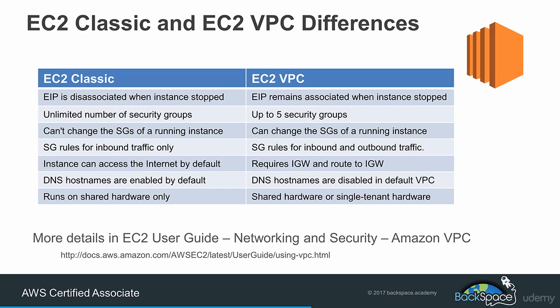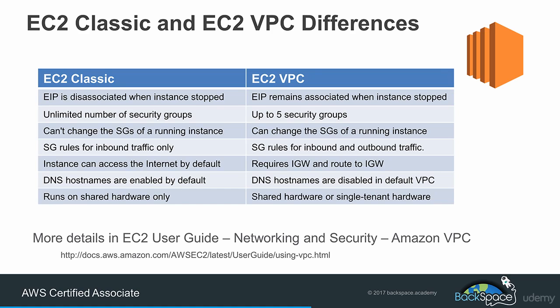You can have an unlimited number of security groups in Classic, whereas only 5 security groups in VPC. You cannot change the security group of a running instance with Classic, whereas you can with VPC. Security groups for Classic are for inbound traffic only, whereas for VPC you can have security group rules for inbound and outbound traffic.